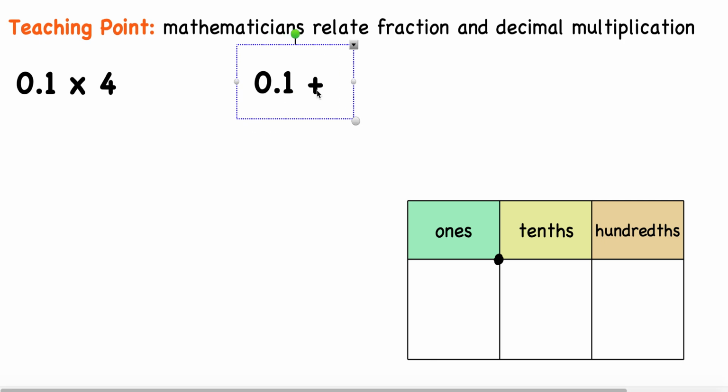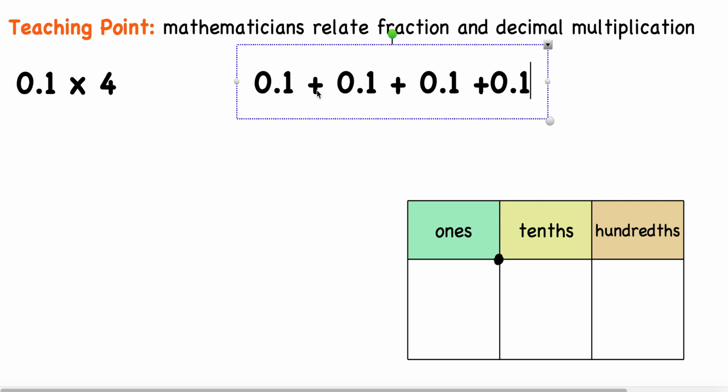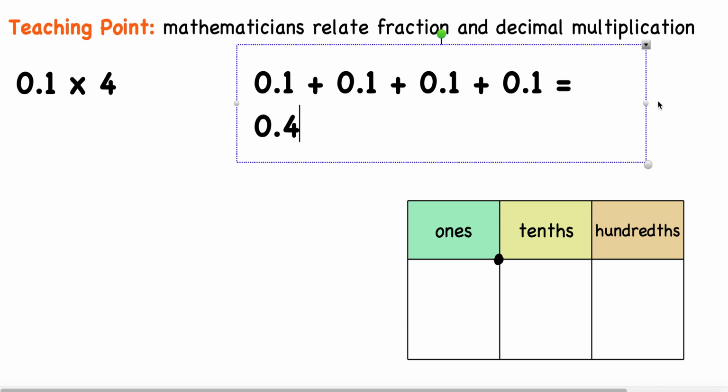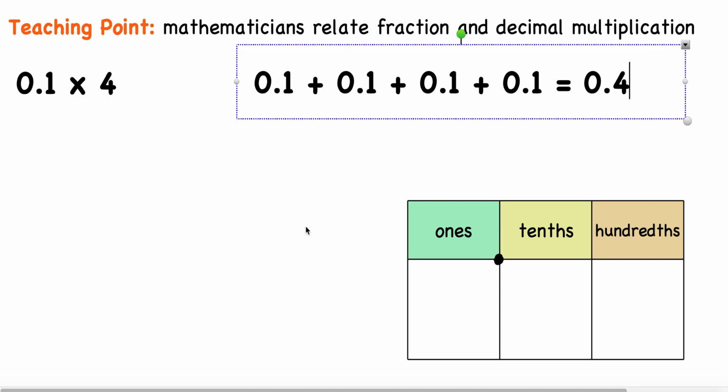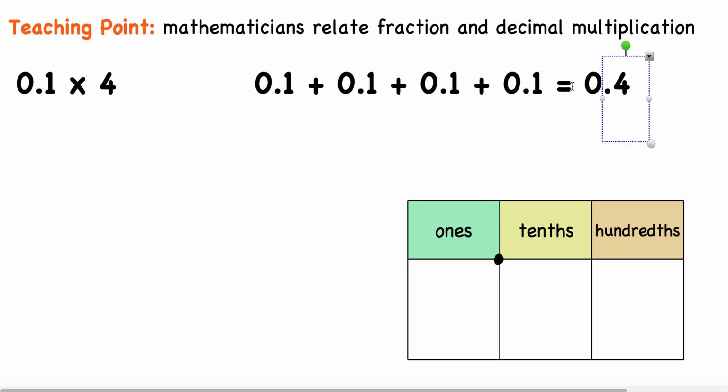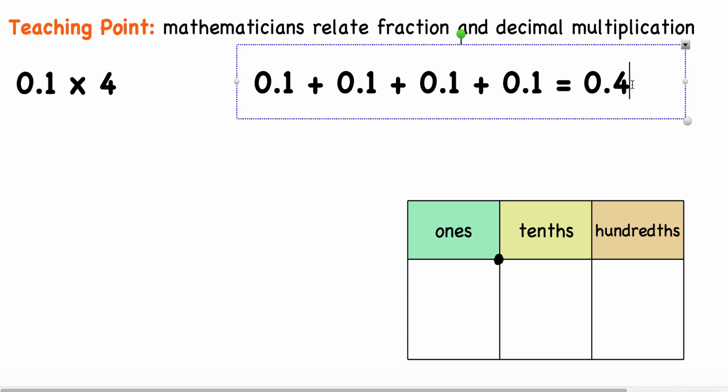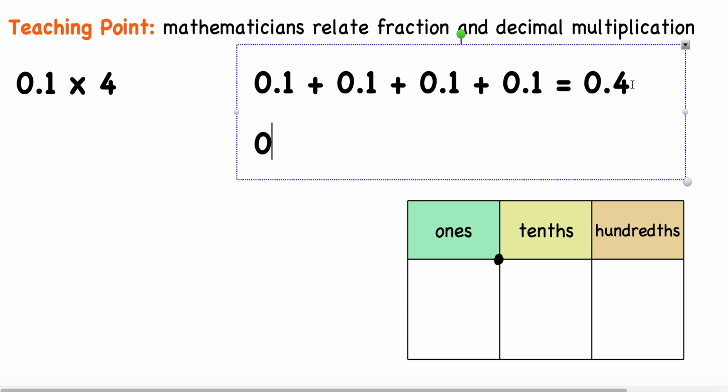So I'm going to do 1 time, 2 times, 3 times, 4 times. And I see that if I added them all up, I would get 0.4 or 4/10.